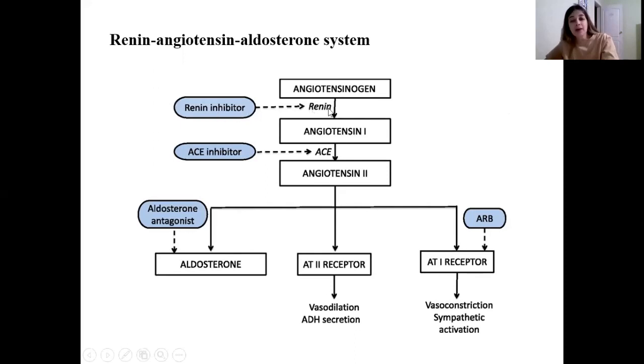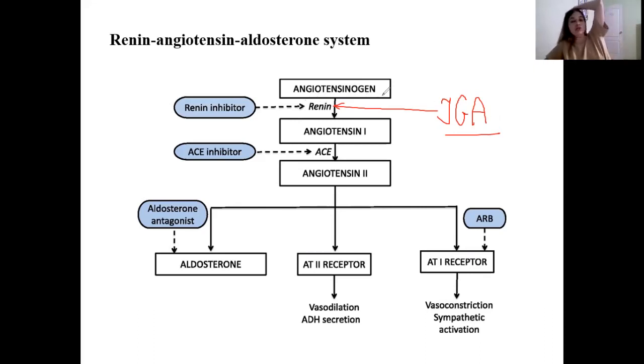And from our kidneys, we have the release of renin. Renin is released from the juxtaglomerular apparatus of the kidneys in case there is low blood pressure, for the kidneys to have enough filtration. So they want to make a higher blood pressure, that's why they release renin into the blood.